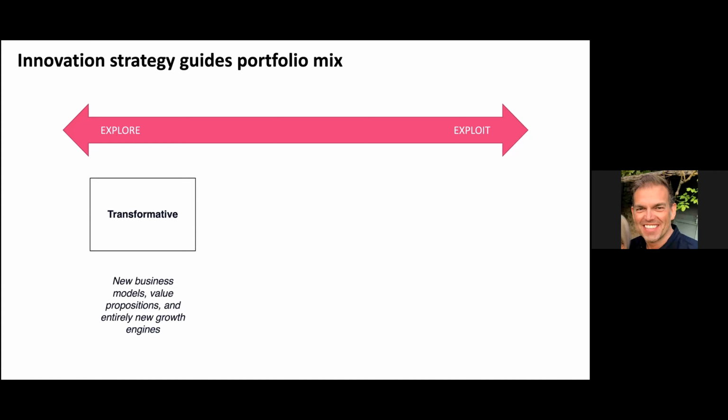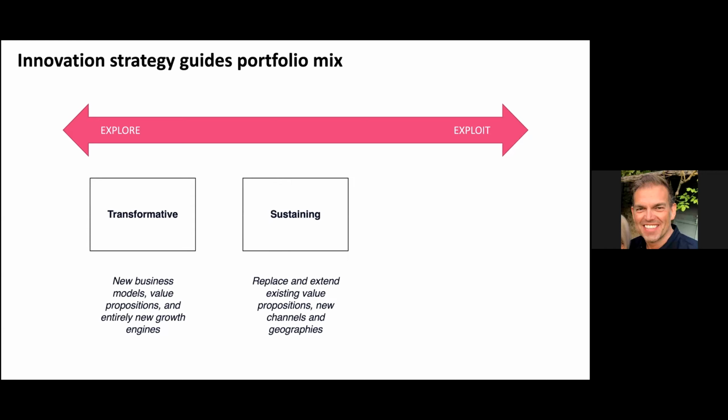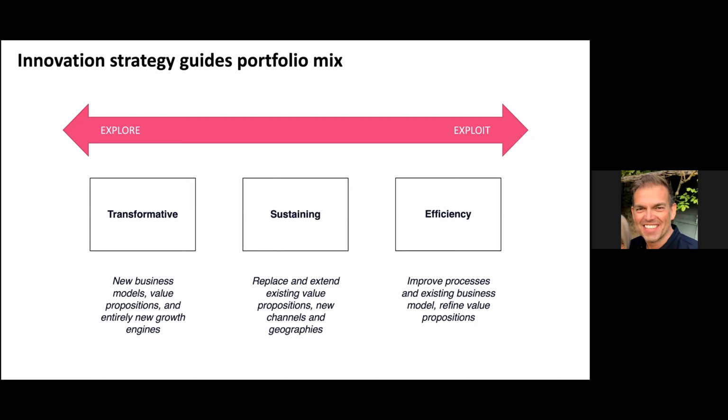So, transformative in terms of new business models, value propositions, and entirely new growth engines. Sustaining, replacing, and extending existing value propositions, new channels and geographies, and efficiency, improving processes and existing business models.